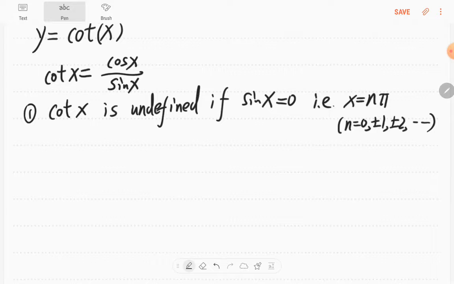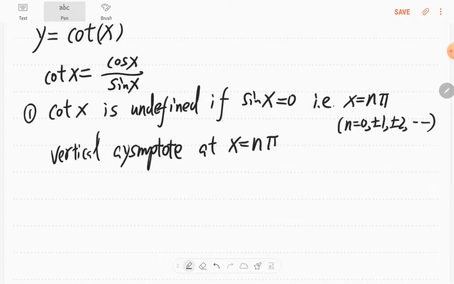And so we have the vertical asymptote at x equals n pi. Okay, so it would be 0, pi, 2 pi, or negative pi, negative 2 pi, and so on, right?